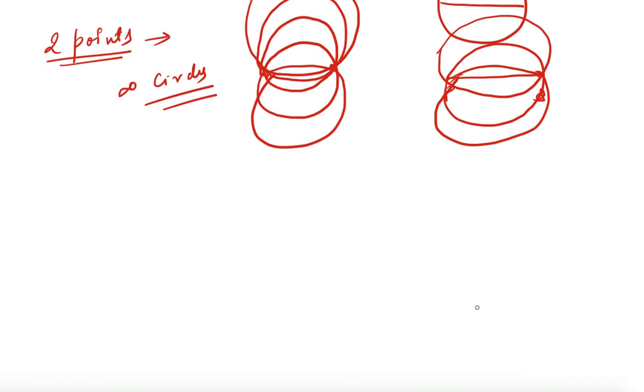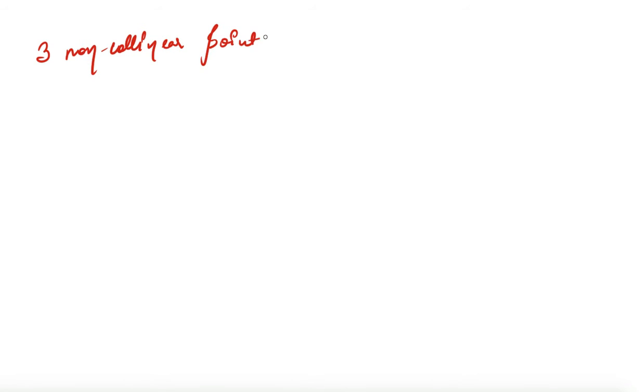Now let us take the third case. What will happen when you have three non-collinear points? In that case, can you tell me how many circles can pass through it? Say 1 point is here, 1 point is somewhat here, another point is here.